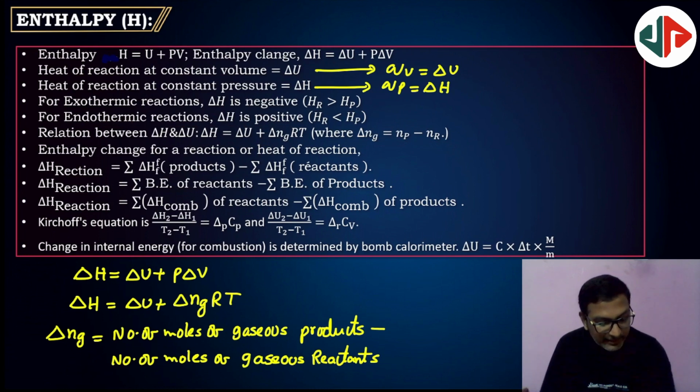Next, Kirchhoff's equation. Relation between heat capacity and temperature. That in terms of enthalpy, in terms of internal energy. Next, change in internal energy can be calculated by using bomb calorimeter. Delta U equal to heat capacity into change in temperature into molecular weight by or atomic weight by given weight.